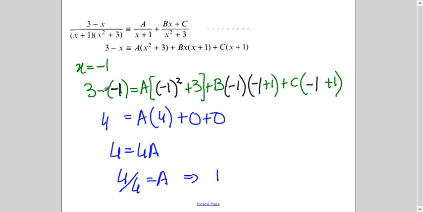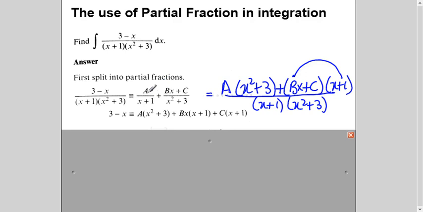You can see 4. This is plus 1 plus 3, which is 4A. Because this one will be 0, the whole term will be 0, because 0 multiplied by anything is 0. Then again, this is 0, so I've written 0 here. Now 4 equals 4A, and A is 1. So this is how you get the value of A.